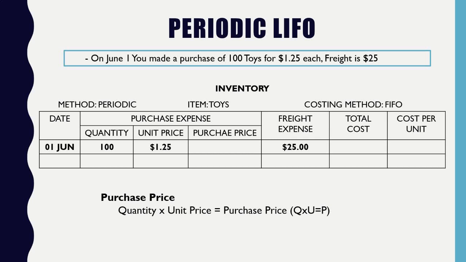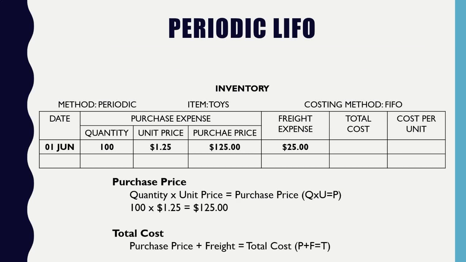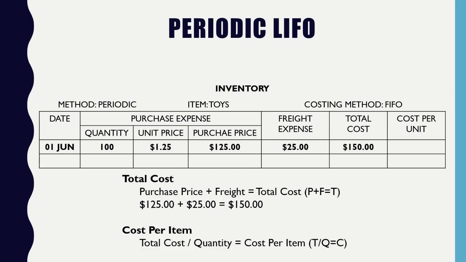The very first one is the purchase price, which is straightforward: your quantity times your unit price gives you your purchase expense. I bought 100 units for $1.25 each, so my total purchases is $125. Then I calculate my total cost, where I add my freight of $25 to give me a grand total of $150.